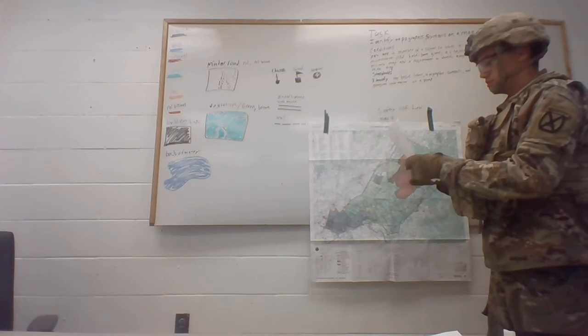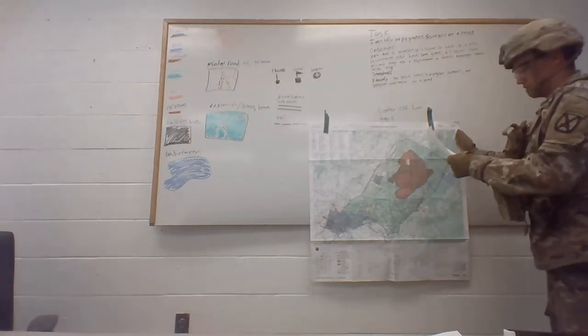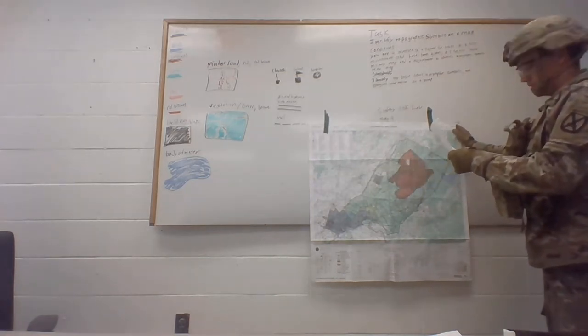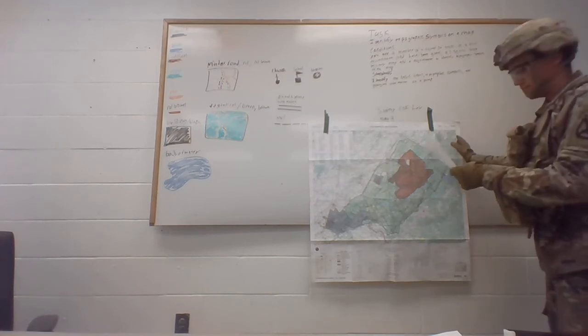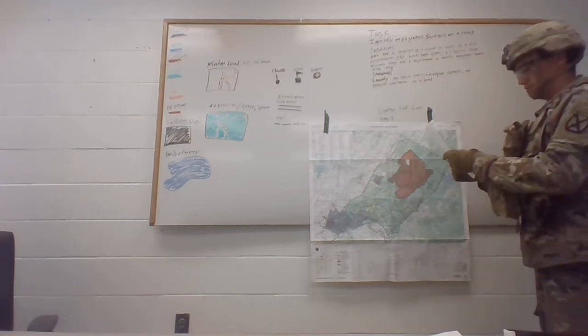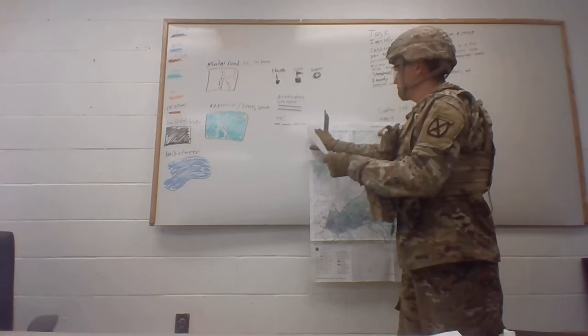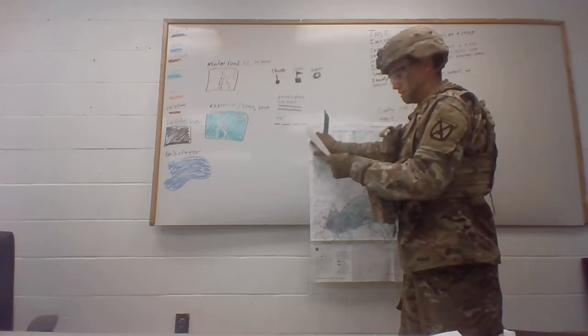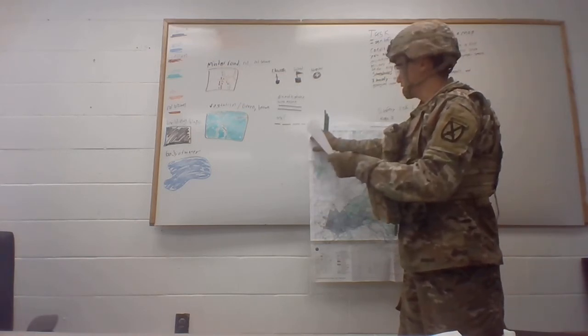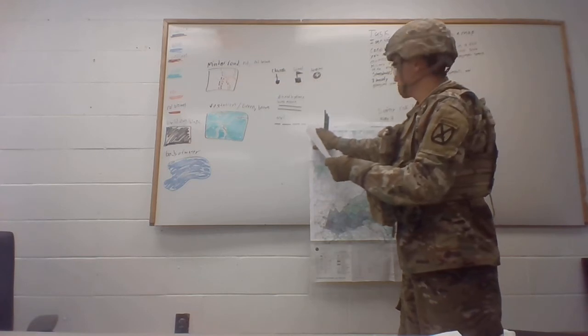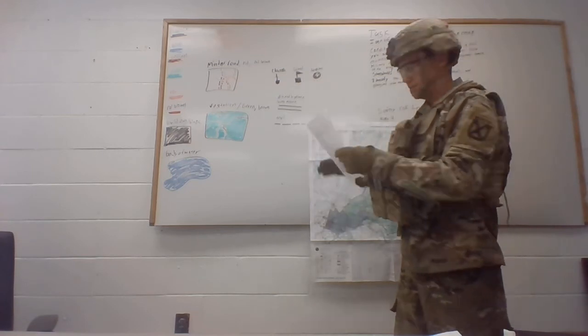Number 2 will be over here on the sides, which would be the sheet number. Right up here on this side will be the series name, which is New York 1 to 50,000.